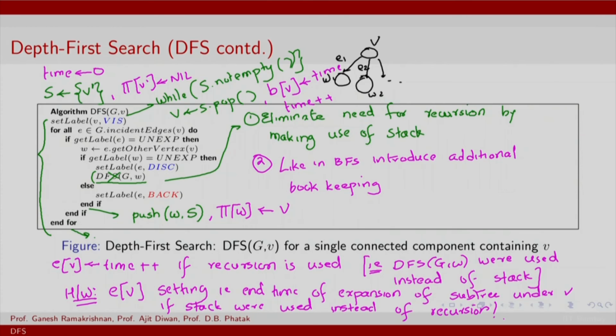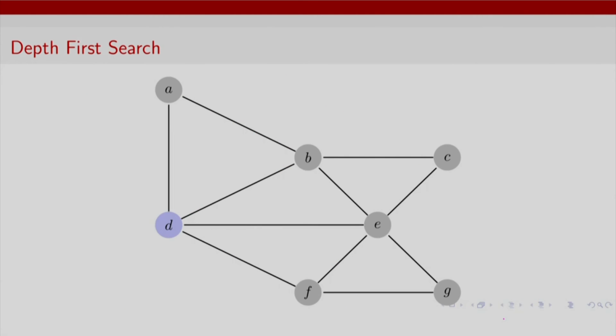So some of this bookkeeping might become handy in subsequent discussions. Let us now look at the complexity of DFS. We are going to illustrate DFS through a slightly more interesting example.